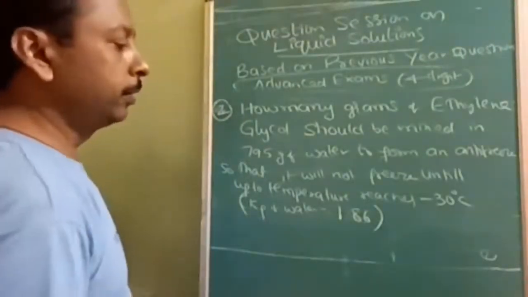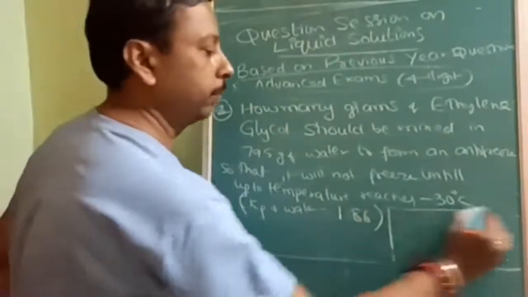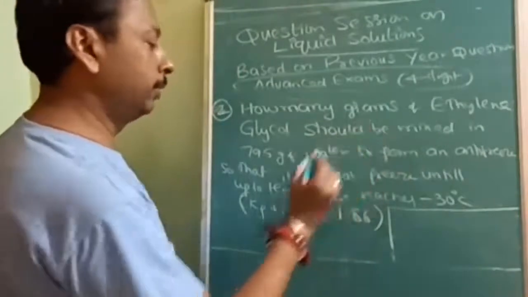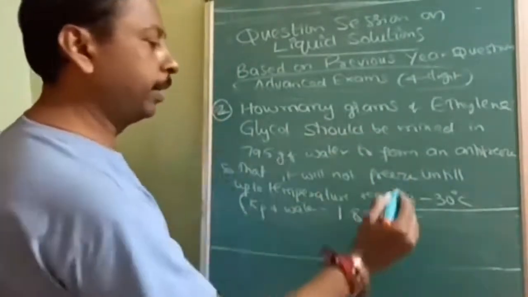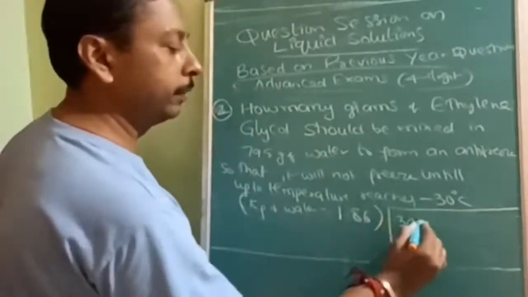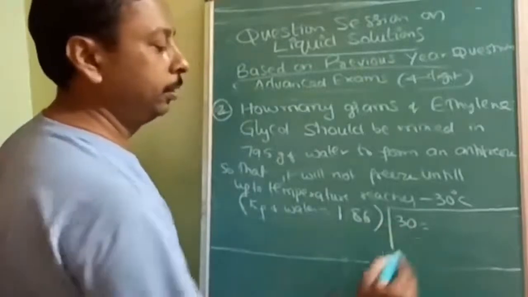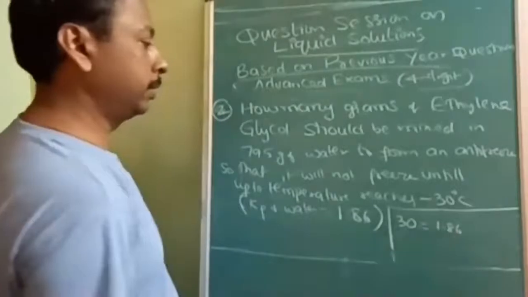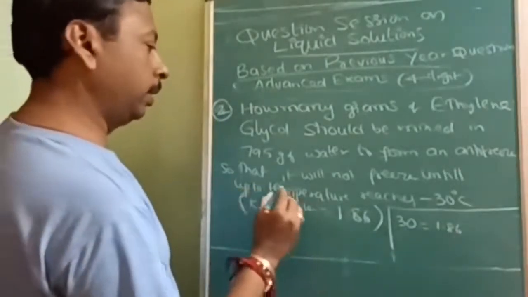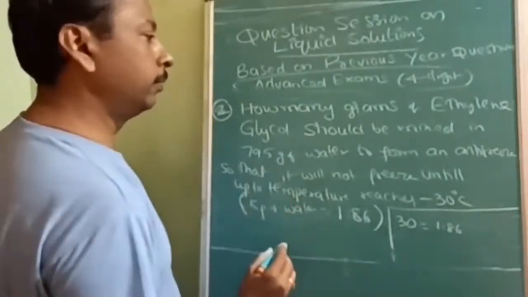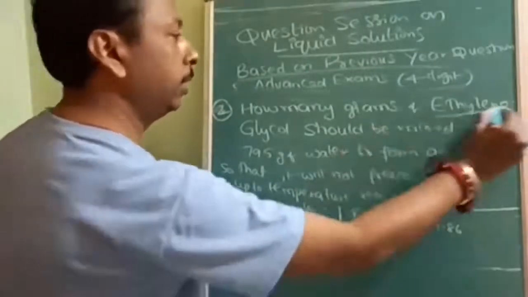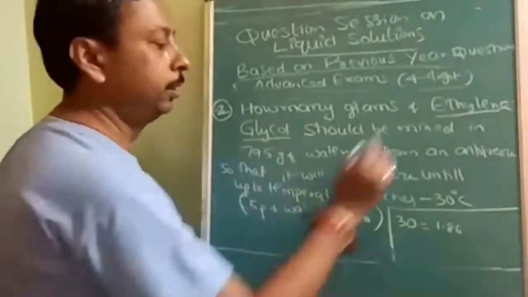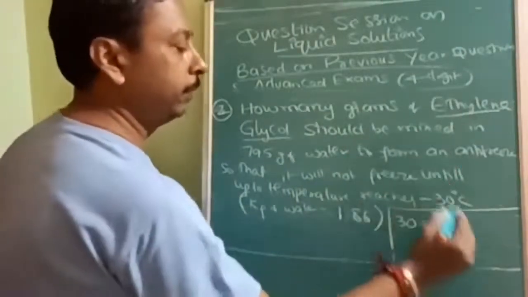Very simple, direct, easy question as per me. So delta Tf is equal to how much? Minus 30, so delta Tf is equal to 30. And Kf is equal to 1.86, and 795 grams of water. Ethylene glycol is non-volatile, non-dissociating, so its Van 't Hoff factor will be 1.